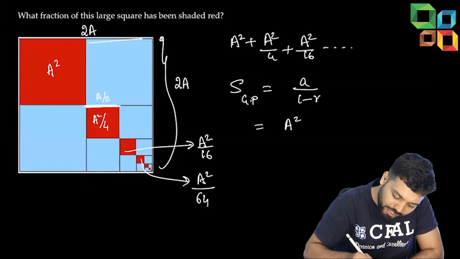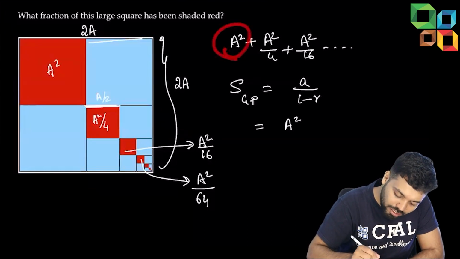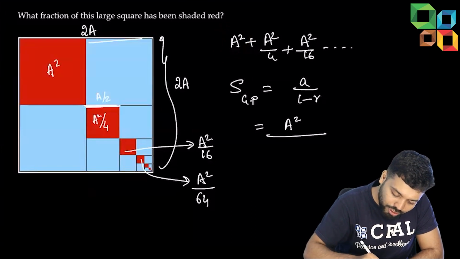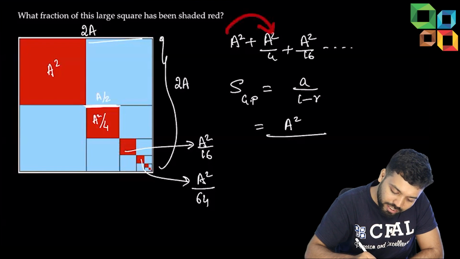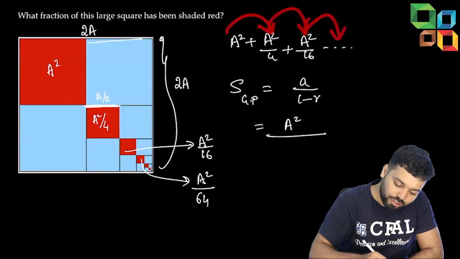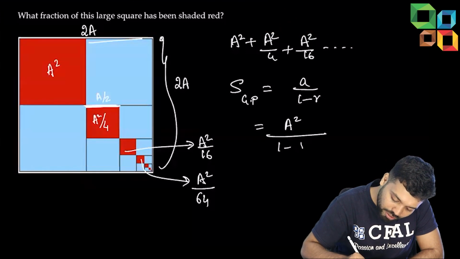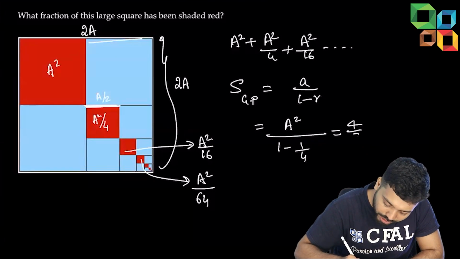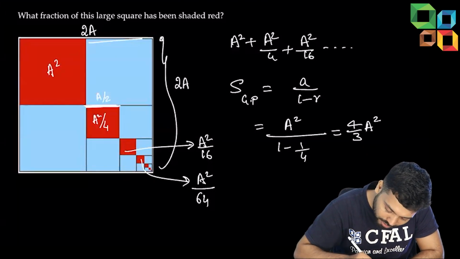So the first term in our case is a square, and the common ratio, as we discussed, is 1 by 4, because from here to here it decreased by 1 by 4, here to here is 1 by 4, here to here is 1 by 4. So we have 1 minus 1 by 4, which gives 4 by 3 a square.